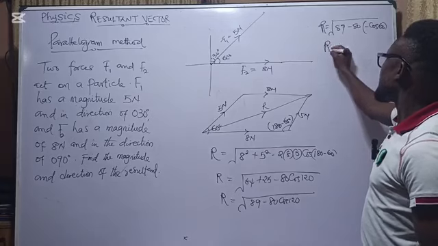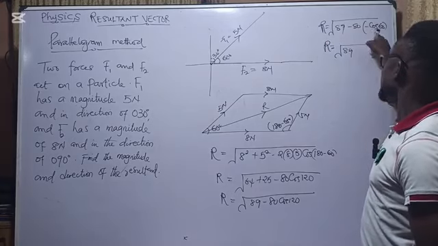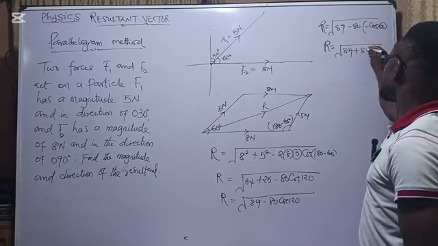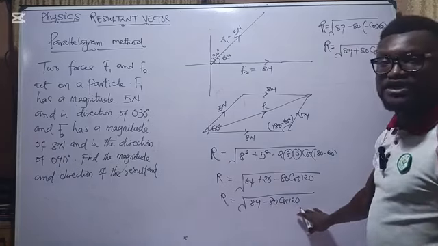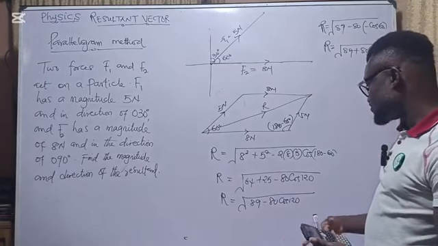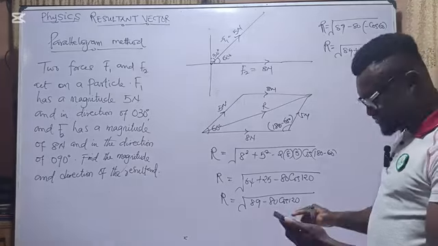So here we have R equal to the square root of 89, and if you open the bracket, plus 80 cos 60 degrees. Although you can still work it directly to get your answer. You can just work on 80 cos 120. It's still the same thing.